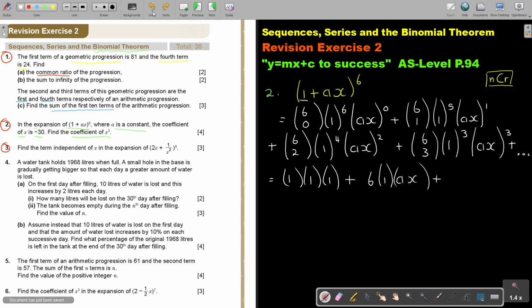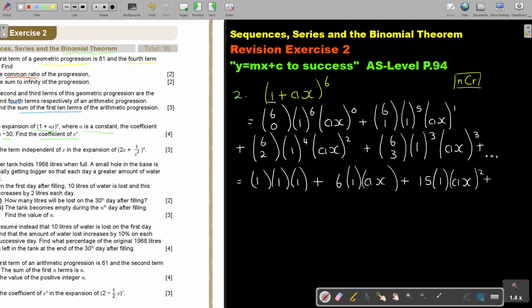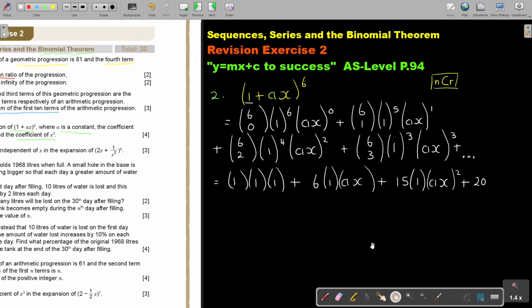And then it's 1, and it's ax squared. Then you're going to press 6 NCR 3. And what are you going to get? 20. And then it's again that 1. And it's ax to the power of 3.